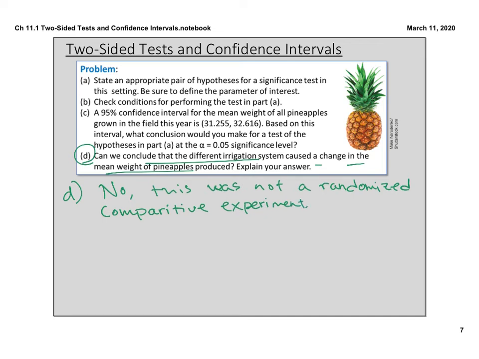So because it was not a randomized experiment, we cannot infer causation. So there's a whole lot of other factors that could be responsible for causing the pineapples to change weight.